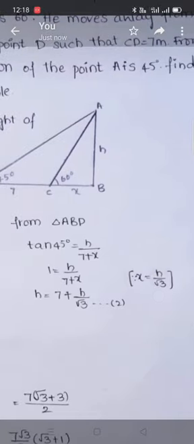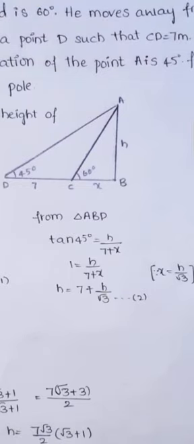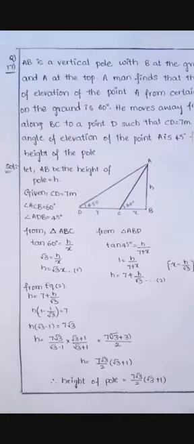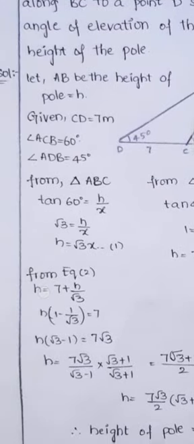So I am substituting in place of x the value h by root 3, and this is equation number 2. From equation number 2 we get h is equal to 7 plus h by root 3.